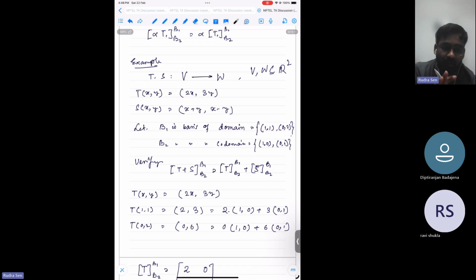You have already been given that B1 is the basis for V. When you are dealing with the domain space, you should consider B1 as your basis. This is given to you and it is not unique. Using this basis, you have to find out, as the question says. You have to verify using this basis.